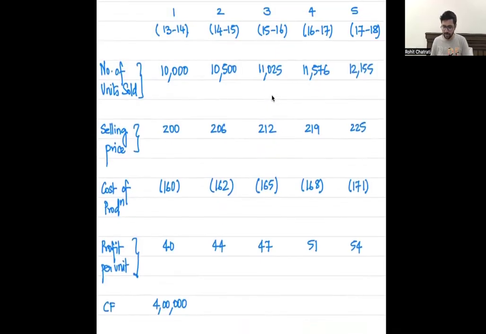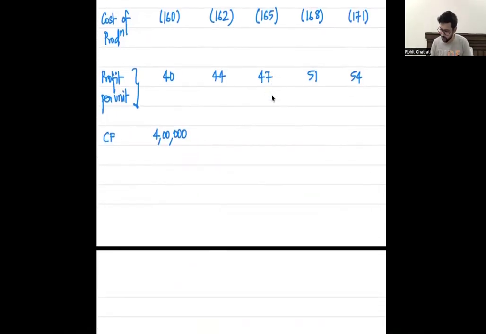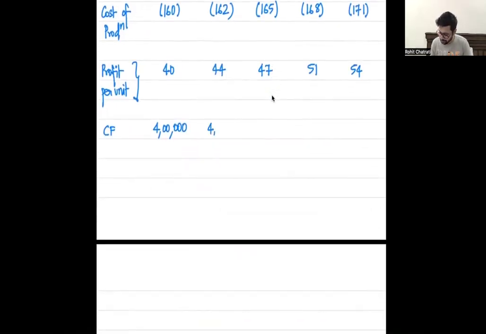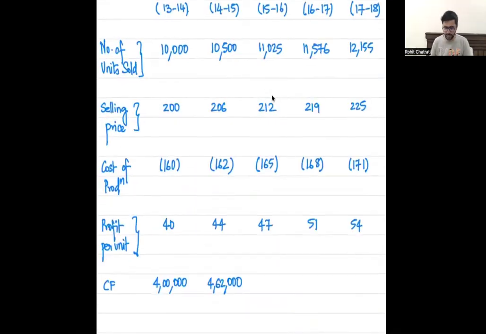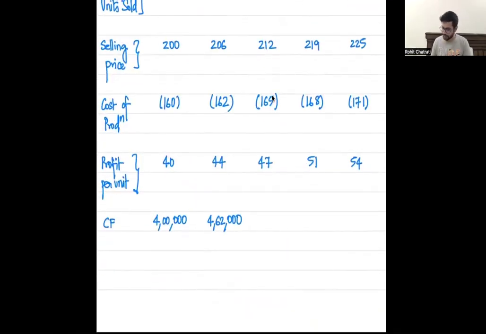For the second year, that will be equal to 10,500 into 44, which is equal to 4,62,000. For the third year, it's going to be 11,025 multiplied by 47, which is equal to 5,18,175.